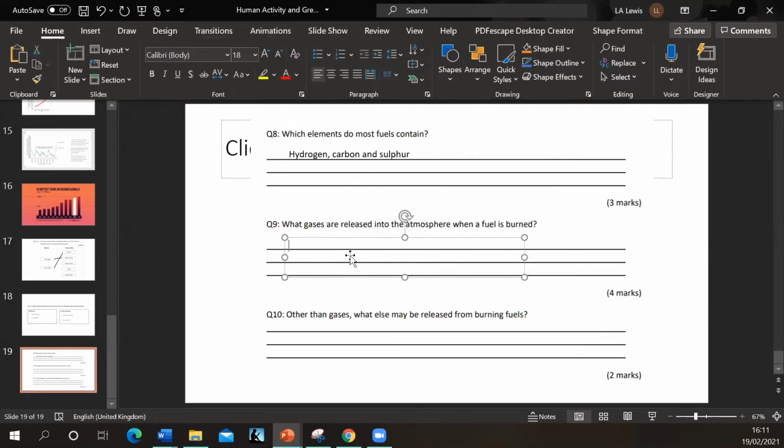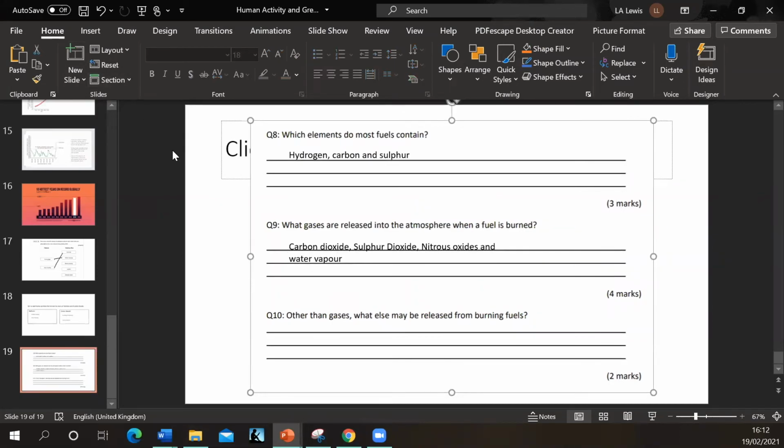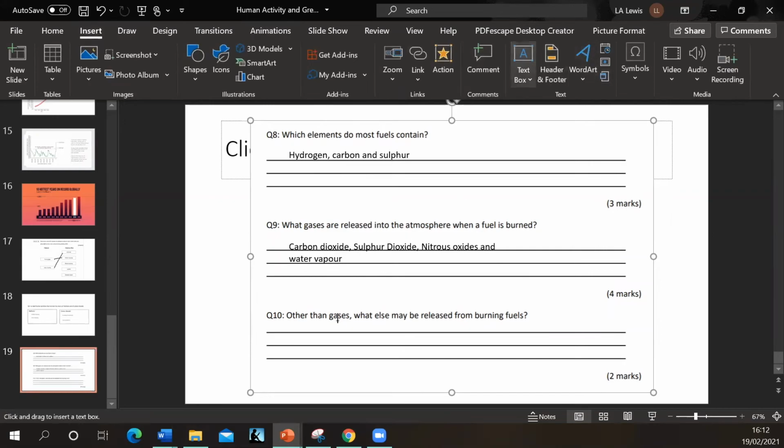So when fuels are burned: carbon dioxide, sulfur dioxide, nitrous oxide, and another one is actually water vapor. Do you remember the equation? People miss that one out, don't they? So four things, 4 marks.